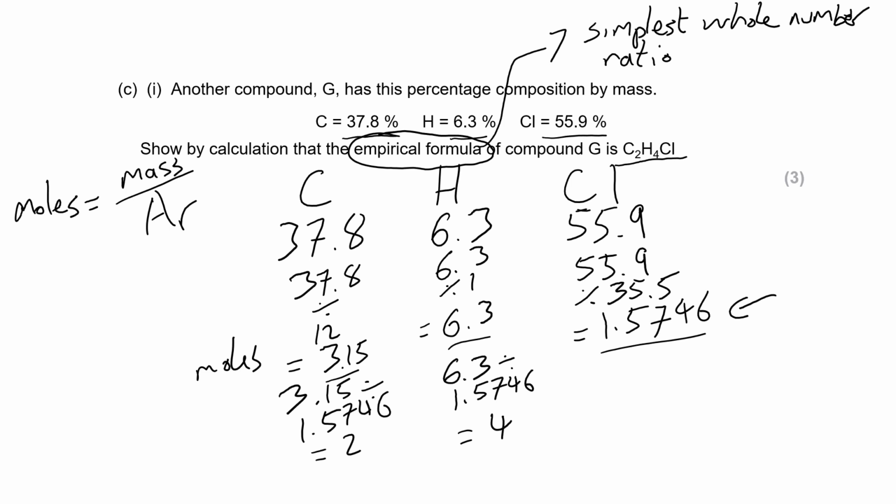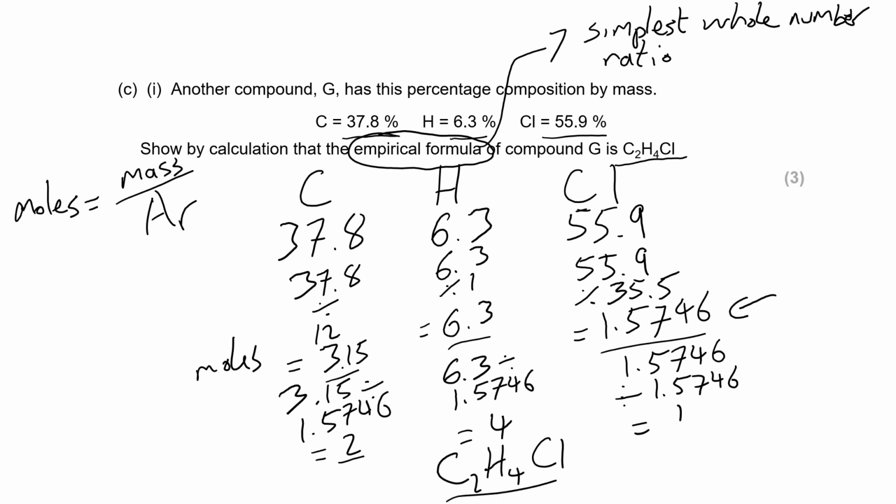And then the last one, you divide 1.5746 by itself, and that obviously equals 1. So now I've got a whole number ratio, and that's 2 to 4 to 1. The last thing we're going to do is just write the answer out. C2H4Cl, and we've shown our working on that. That's how you do it.